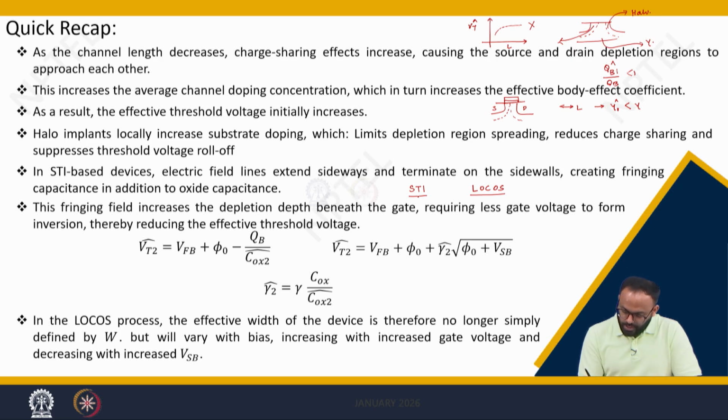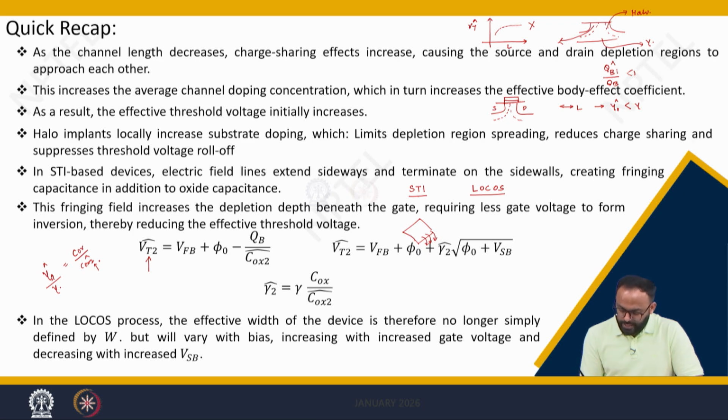In the STI process, we said that because of the width scaling, the fringing lines become significant, and hence the overall capacitance seen by the gate will increase, which ultimately decreases the threshold voltage, because we found that gamma 2 cap by gamma is equal to COX by COX 2 cap, where 2 stands for the second charge sharing effect what we have discussed.